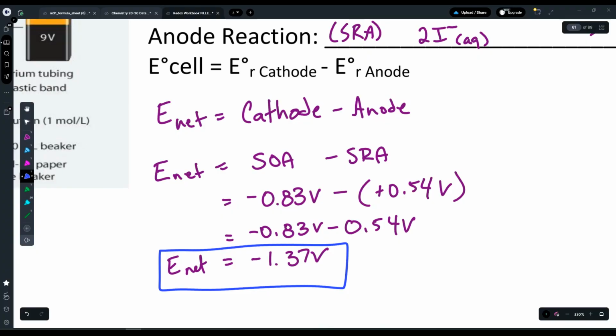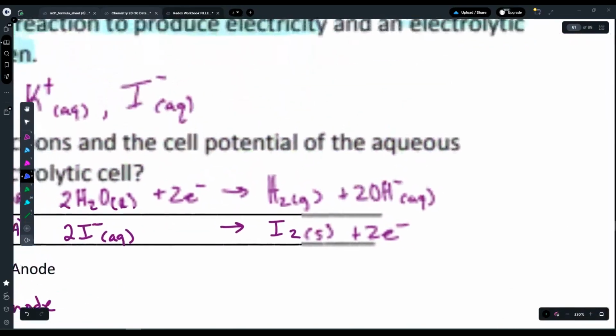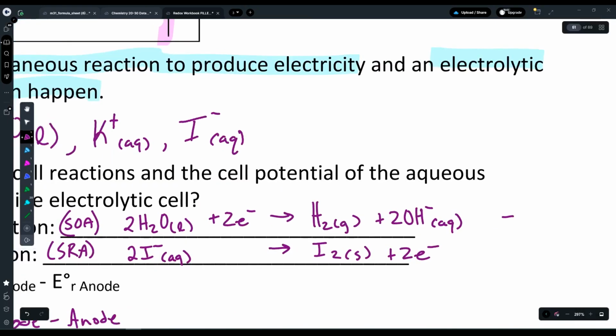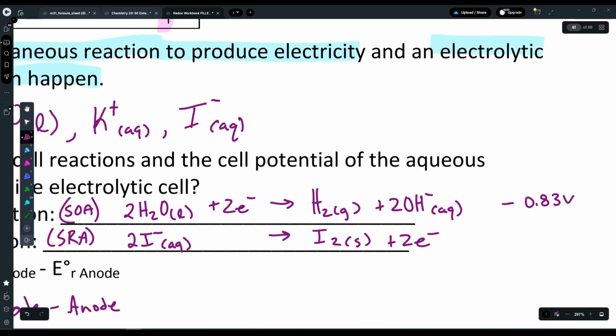If you choose to use the non-formula way, then for my SOA reaction, you would write the electric potential as is, because we wrote this as a reduction reaction. But for the SRA reaction, because we wrote it as an oxidation reaction, we're going to have to flip. If you wanted to use this method, you would have to manually flip the sign on it.